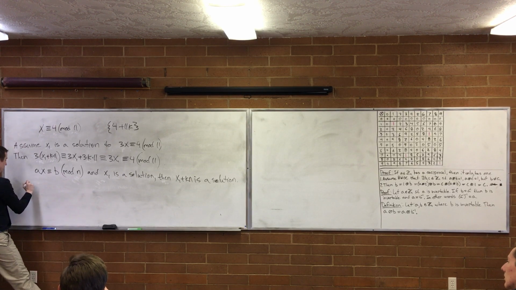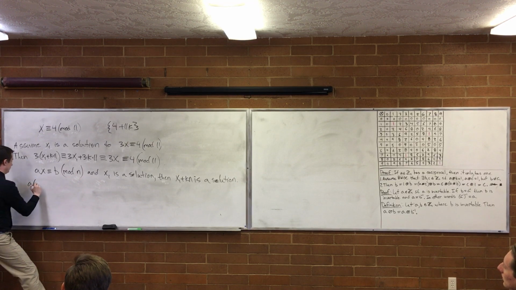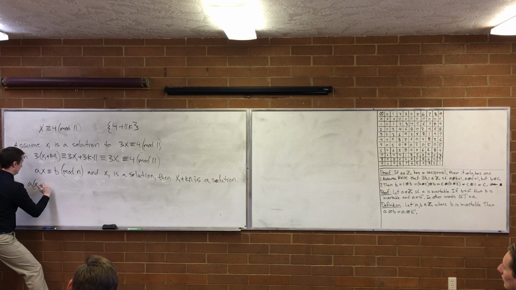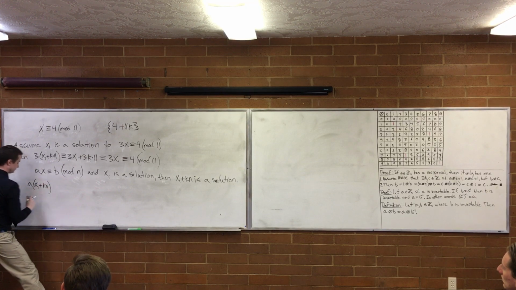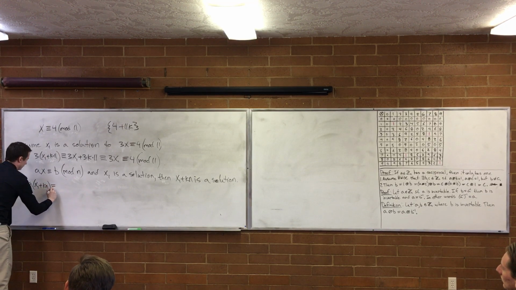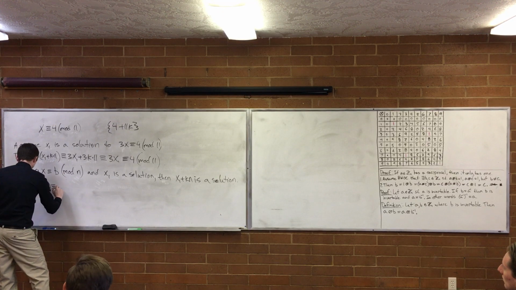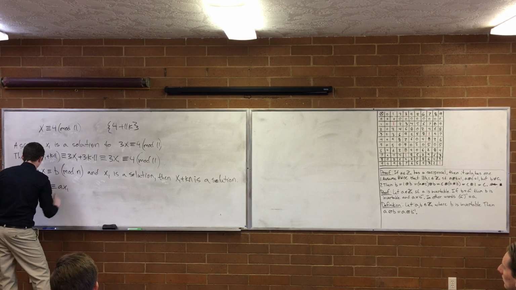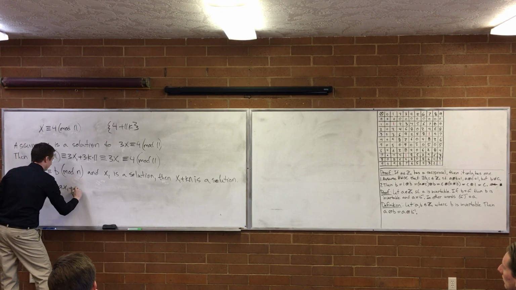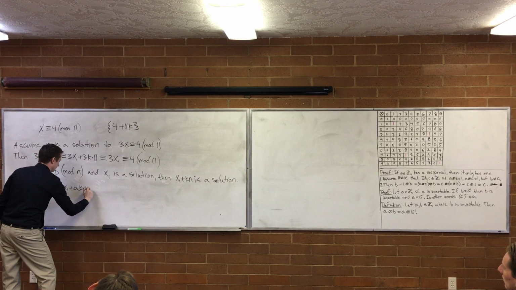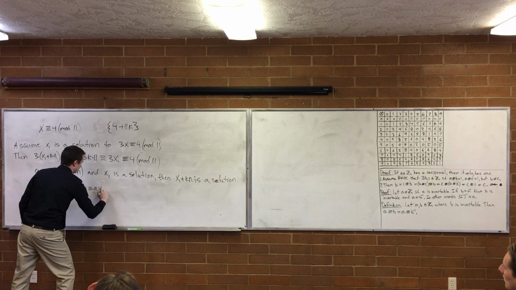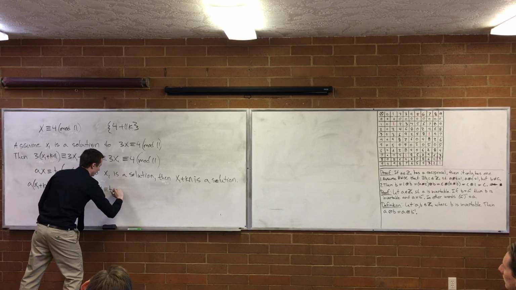You'd rewrite a times x1 plus kn. What's that congruent to? It's congruent to a x1 plus a kn, which is congruent to a x1, which is congruent to b mod n.